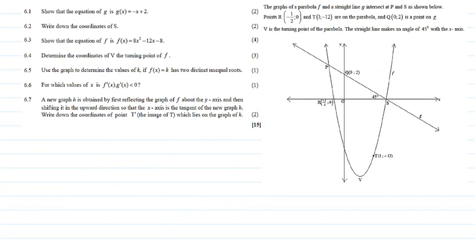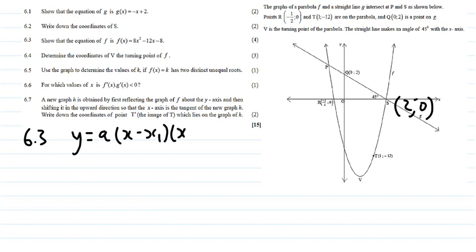How do you find the equation? Exactly. Here's the form that I want you to know from this moment onwards: a(x minus x1)(x minus x2). If it was a cubic function with 3 intercepts, we would have put x minus x3. You'll see that later when we do calculus.